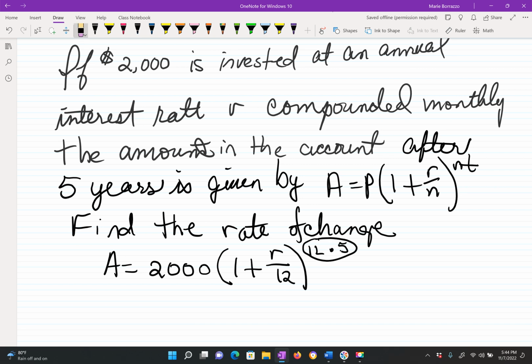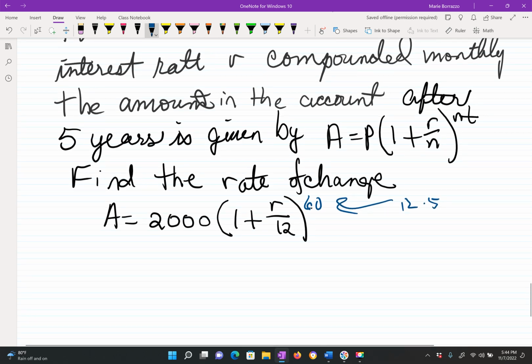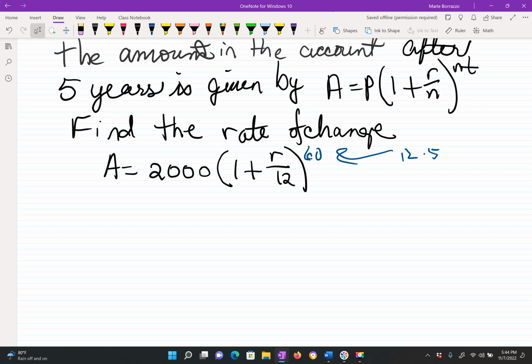So I'm just going to write 60. Just remind yourself that that is 12 times 5. What's the first thing that comes to your mind? We're solving for this little guy.